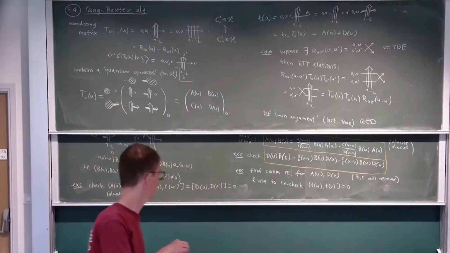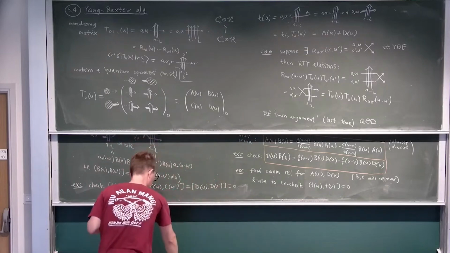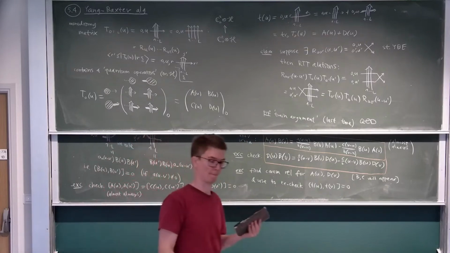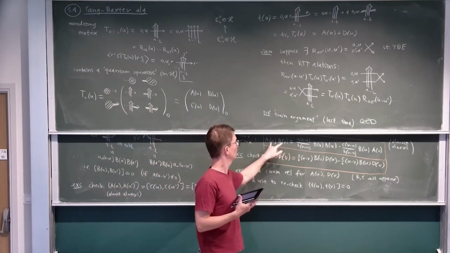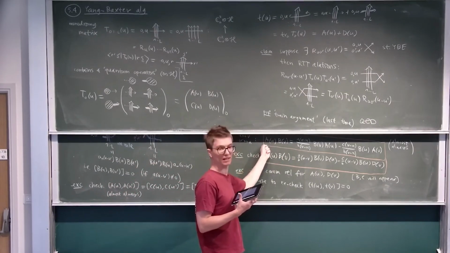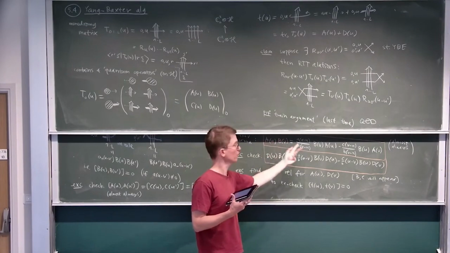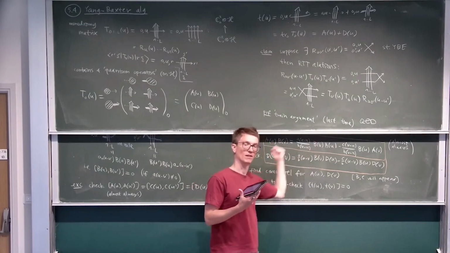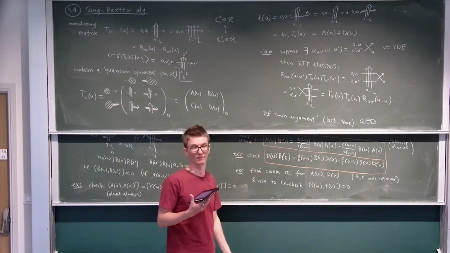Now from these RTT relations, when you're moving A through B or when you're moving B through A, it's the same operators that appear in both relations. Are they the same relations? No, they're a bit different, because you see here we think of it as A, so A starts on the left, and so here there's one term with A on the left and two terms with A on the right. So there's another relation which has the opposite, which has two A's on the left and one A on the right.